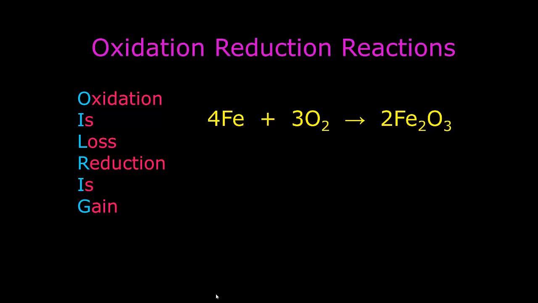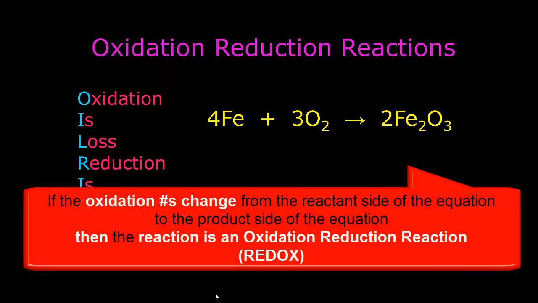So now let's look at this. We have 4 irons plus 3 O2 give off 2 Fe2O3. Now we need to find out if this is an oxidation-reduction reaction, and how we do that is to see if the oxidation numbers have changed. Now iron, Fe, is a metal that is not bonded with anything else, so it automatically has an oxidation number of 0.